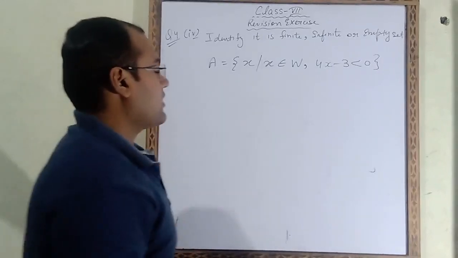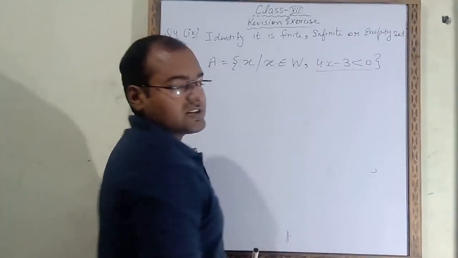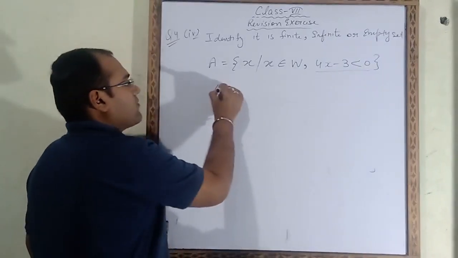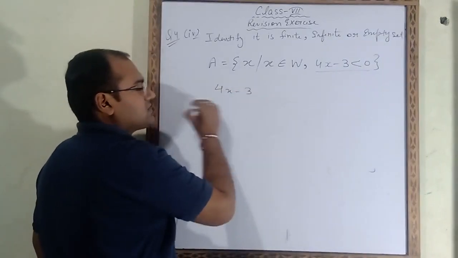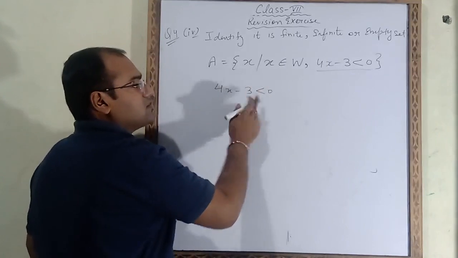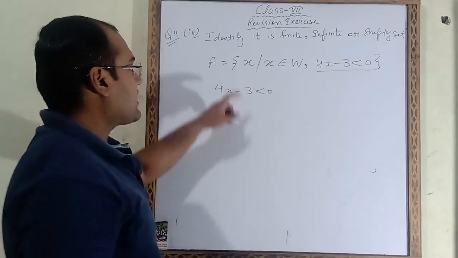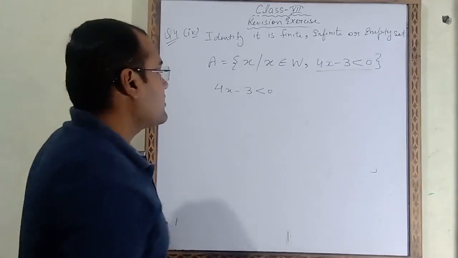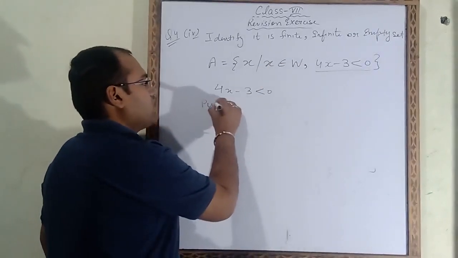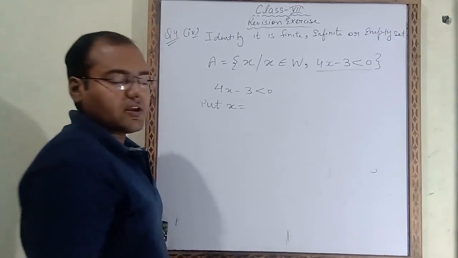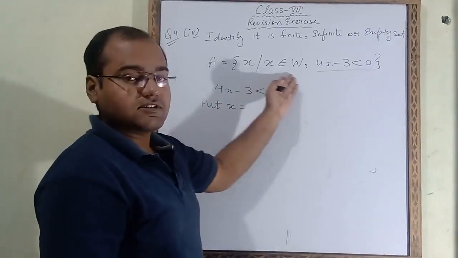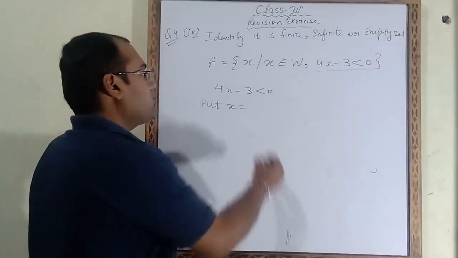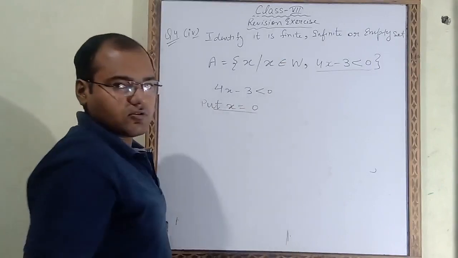So first of all, what do we have to do? We have to take this statement: 4x minus 3, the answer should be less than 0. Now what is this x? This x is a whole number. So we have to put in the values of x. x is a whole number, so we will start from 0. Put x equal to 0.